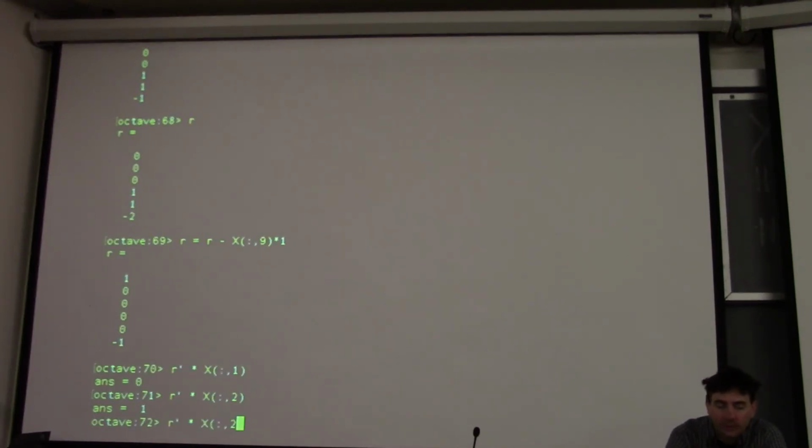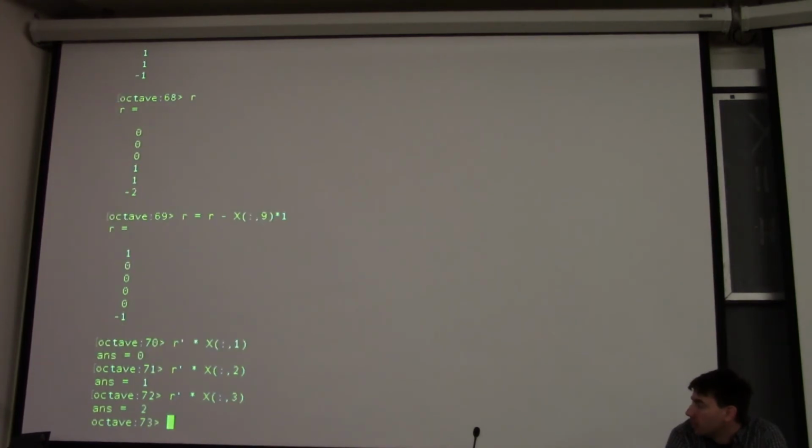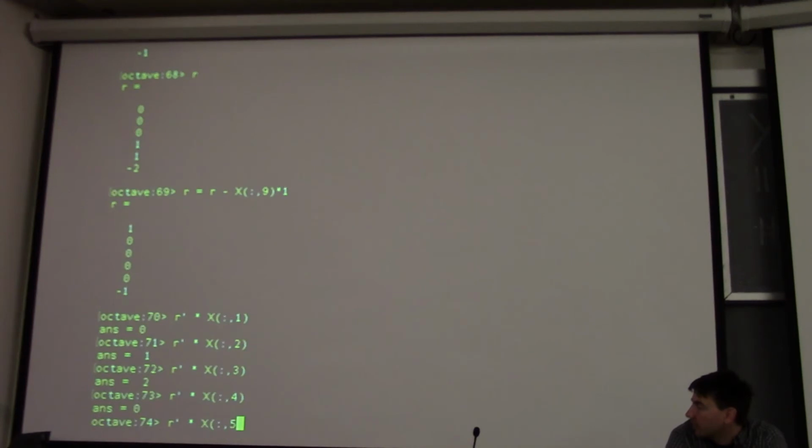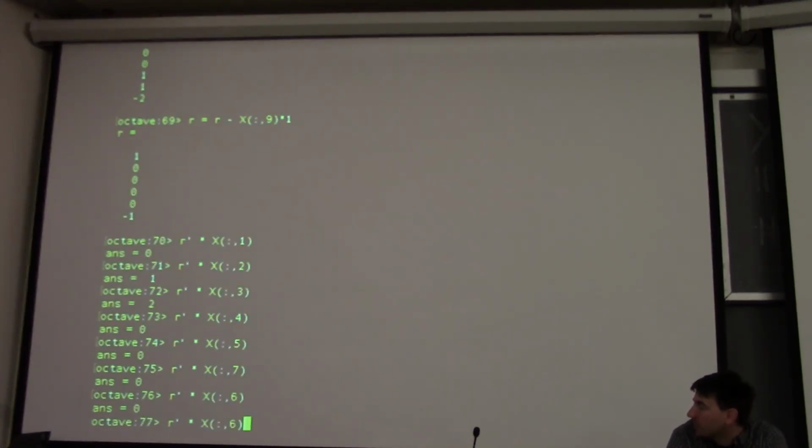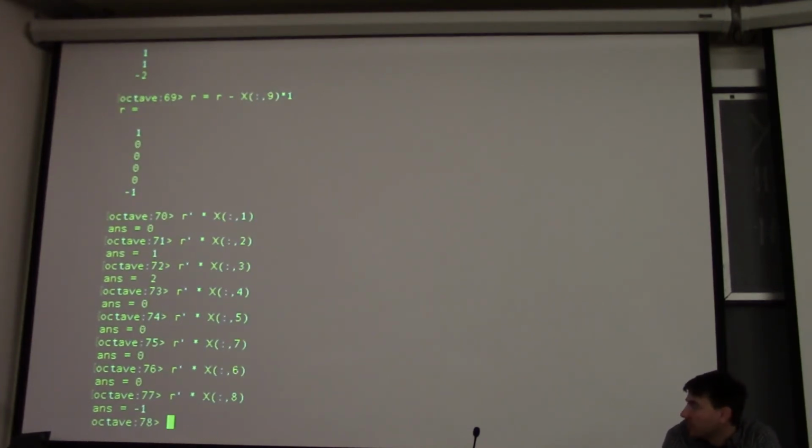The second column now is doing something. I think it was a 0 before. Column 3 is doing even better. 4, nothing. More of these, I'll skip 6. Even more of these are zeros, so this is good. 8 is now -1.